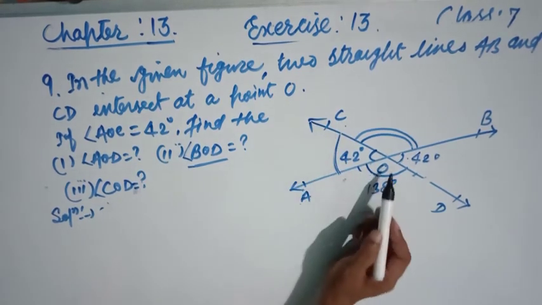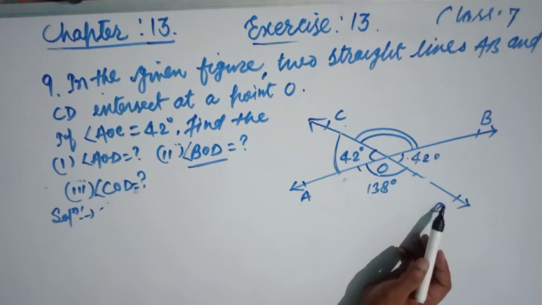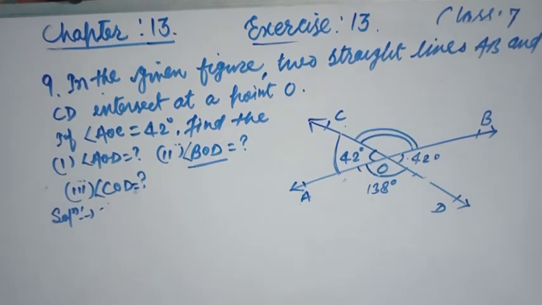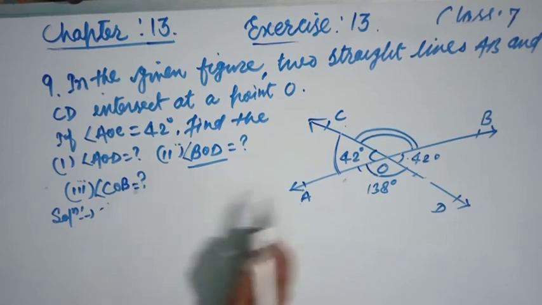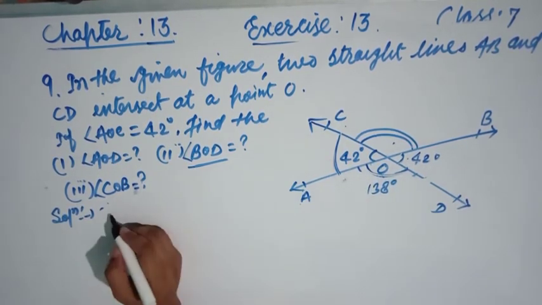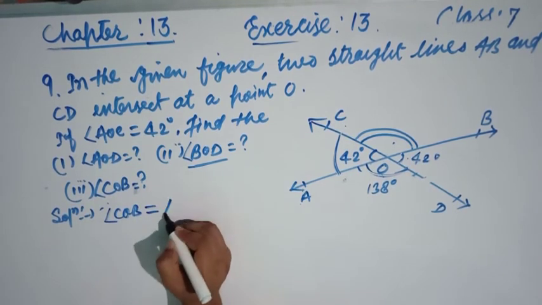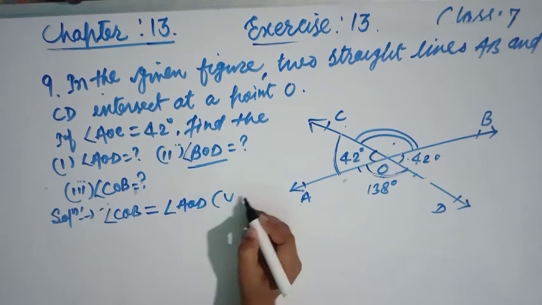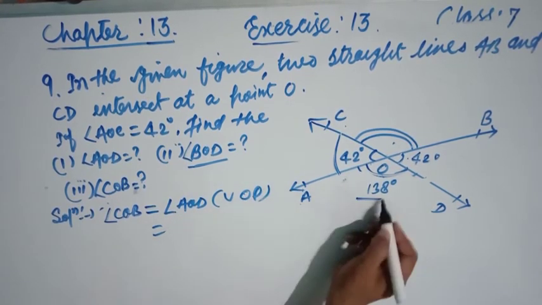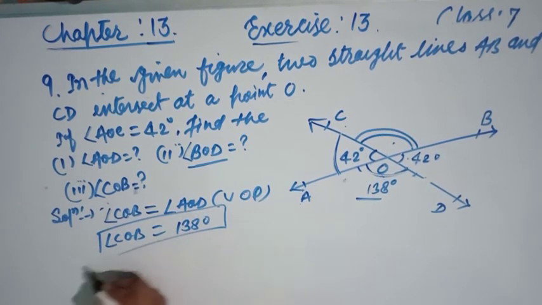Here we have to find COB. These opposite angles are equal. So COB is equal to angle AOD, vertically opposite angle. AOD is 138 degrees, so COB becomes 138. This is your answer.